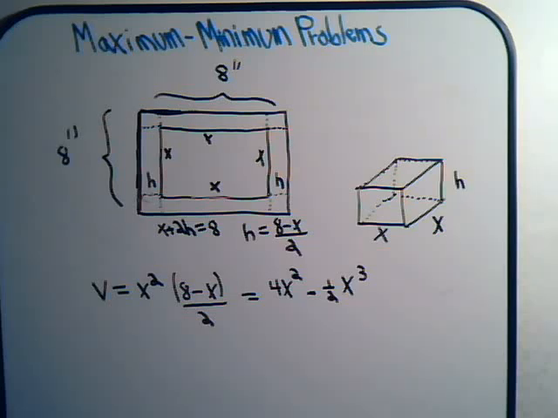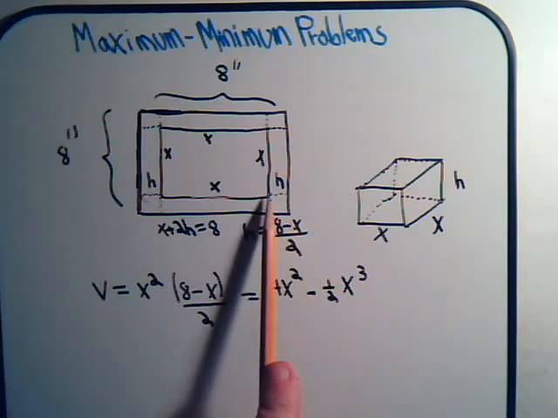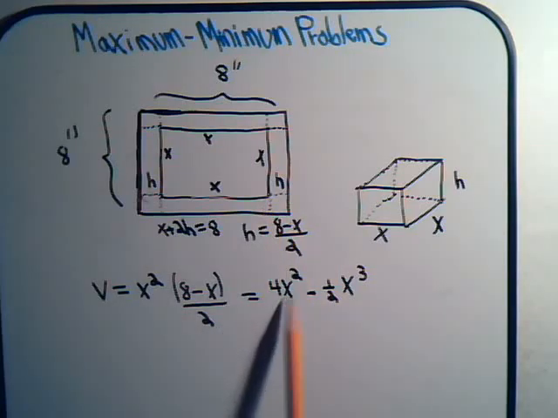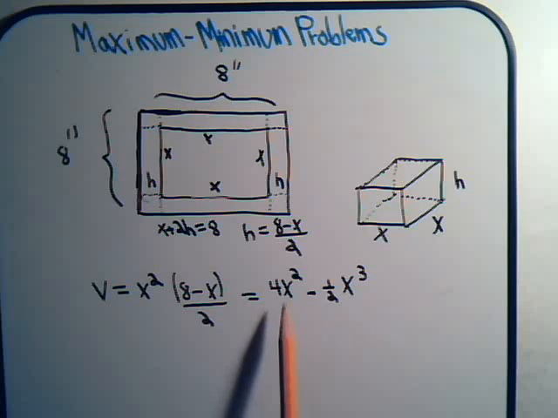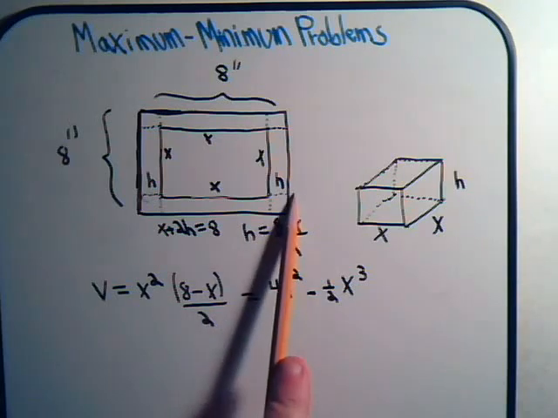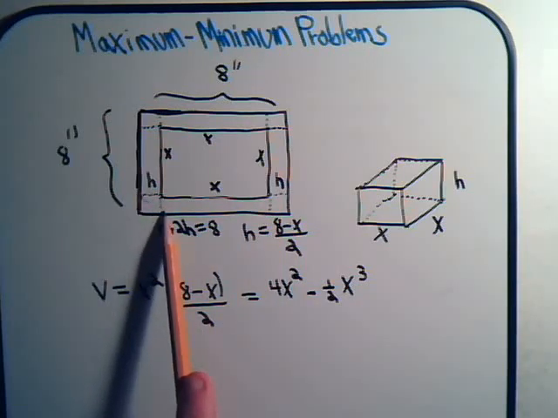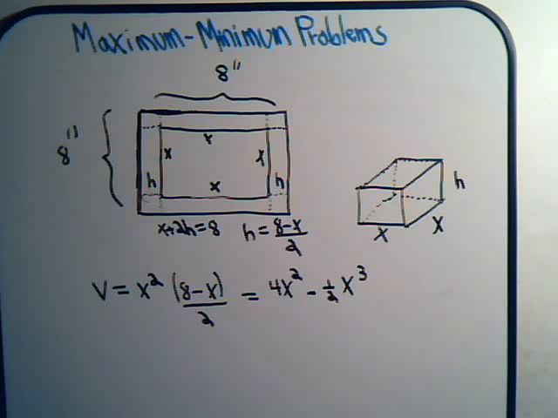Now, obviously, as we have different values of h's, we're going to have different values for x's. So it determines x, of course, is how much cut do we make on each one of these corners here. And clearly, for different values of x, we're going to have different values for the volume.